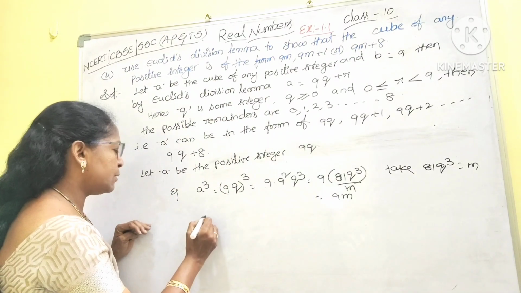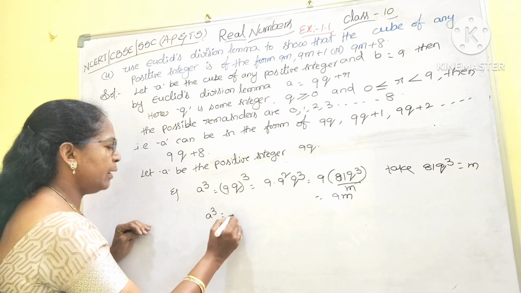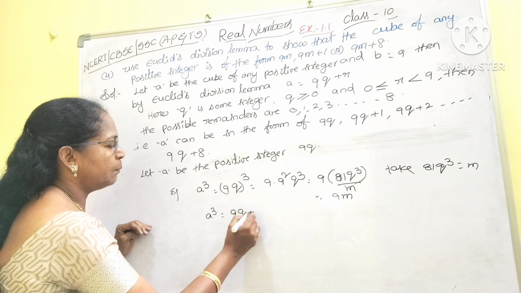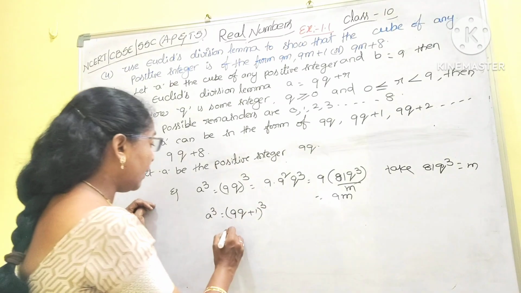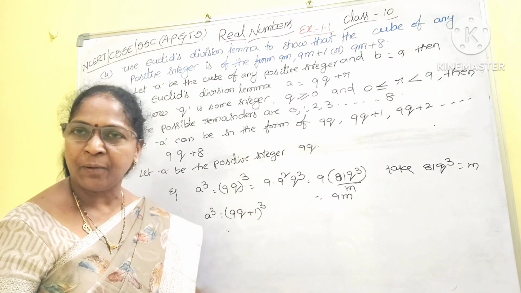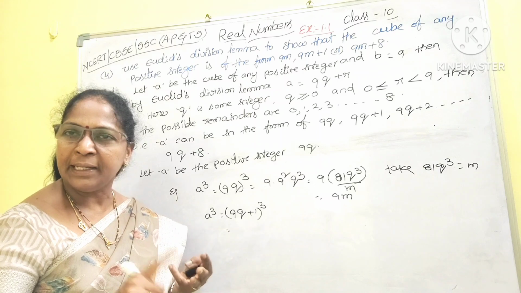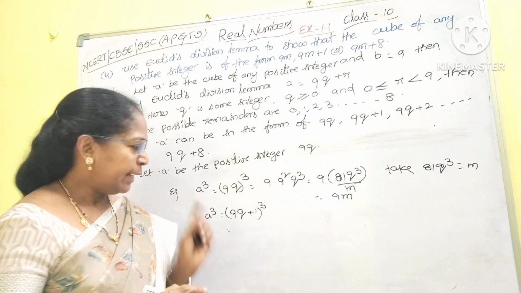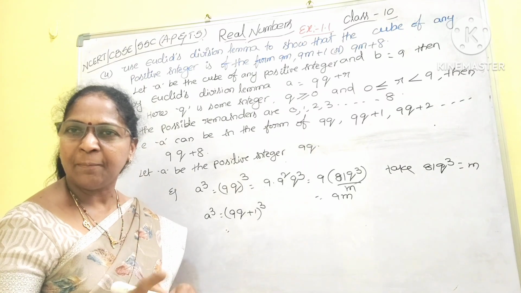One more I am showing here. A cube equal to the next one, 9Q plus 1 whole cube. Again here, this is in the form of a plus b whole cube. That equal to a cube plus b cube plus 3ab into a plus b, or a cube plus 3a square b plus 3ab square plus b cube.